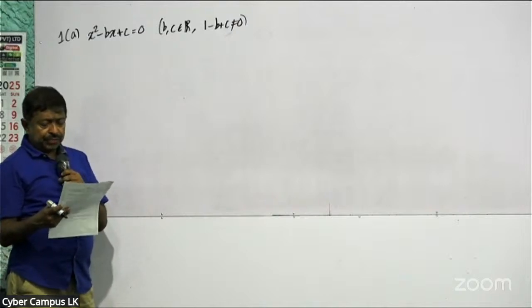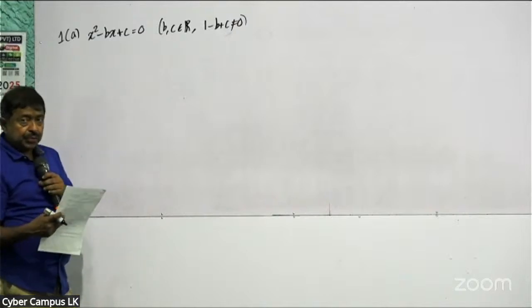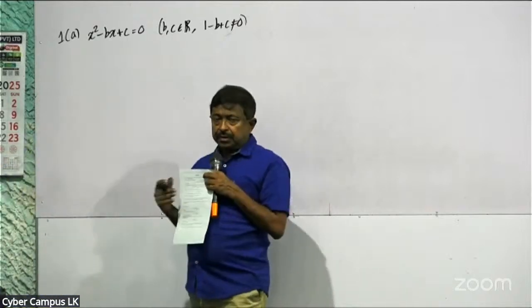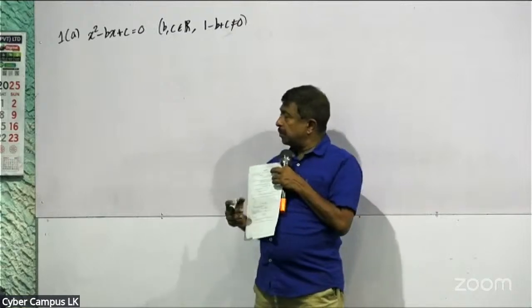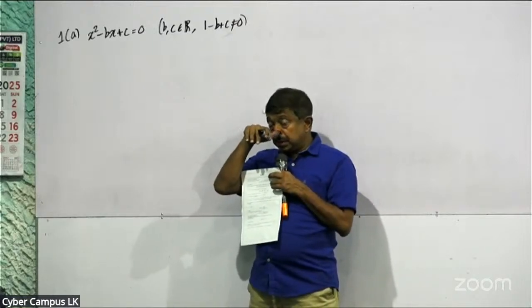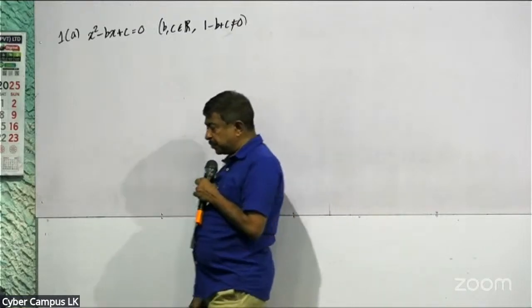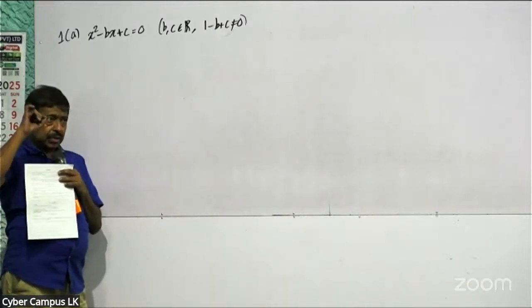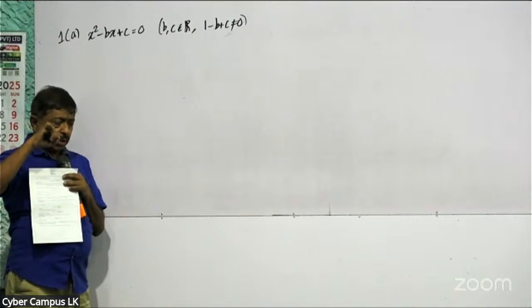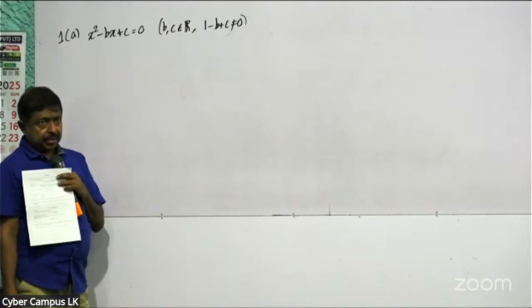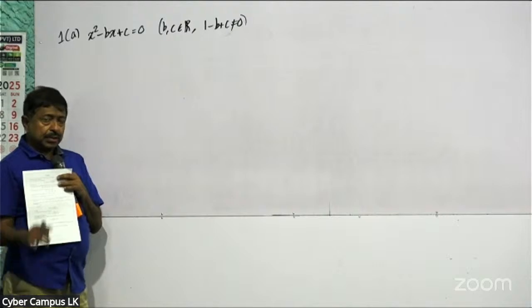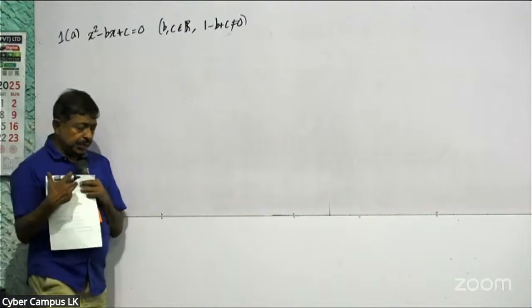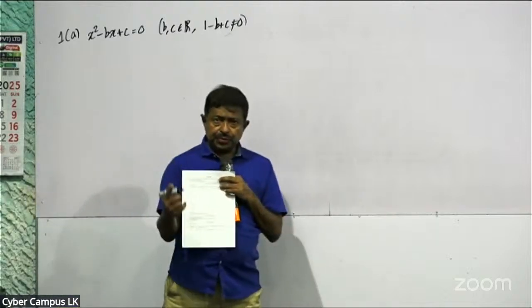Okay, now first we need to show that 1 is not a root of this equation. We have gone through this when this was covered nearly 4 months back. What we use is that we have to come up with the contradiction, right? To do that, you assume the false statement, or say you need to show that 1 is not a root.